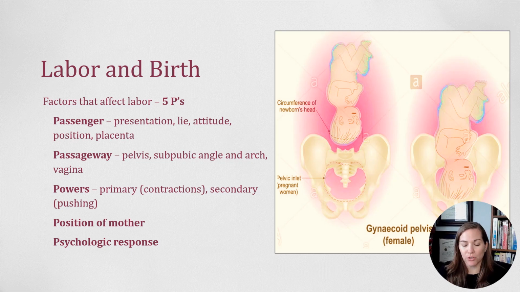And then position of the mother is self-explanatory, but it certainly affects the passageway, and can affect the passenger as well by adjusting the position of the mother. And then psychologic response, which we support with our encouragement and coping mechanisms. We'll get into each of these in the next slides.